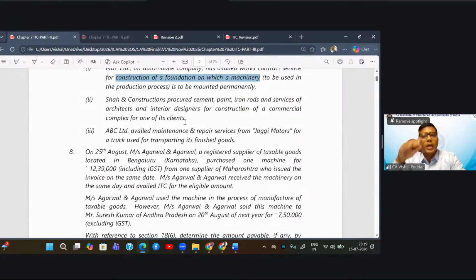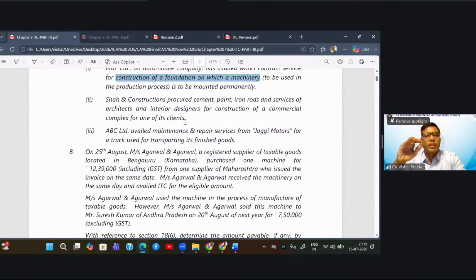So whatever I have procured in the form of cement, paint, iron rod, etc., which I'm going to use in construction, this construction is not for myself, it is a saleable product for me. Since my outward supply is a construction service, the inward purchase will be eligible for ITC. It will not be blocked under 17.5.